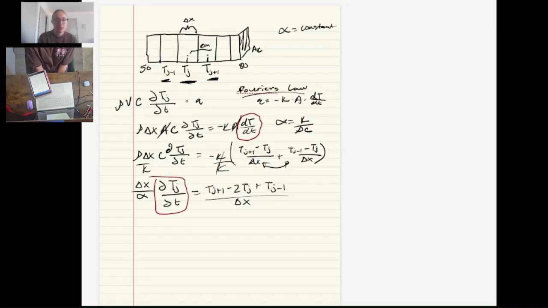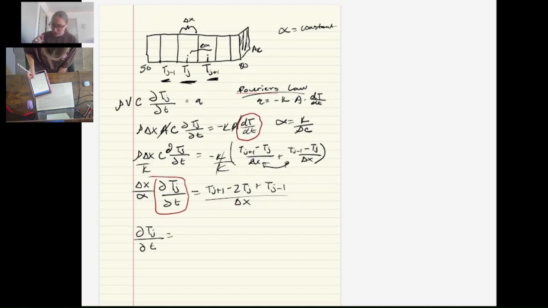So we want to know how TJ changes due to time, so this is going to change over time. So we want to change this too, to the partial derivative of TJ over the partial derivative of T.